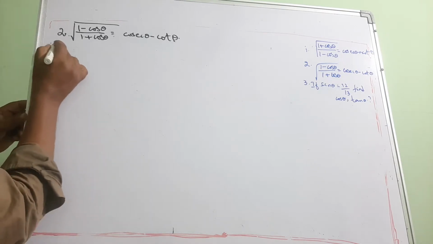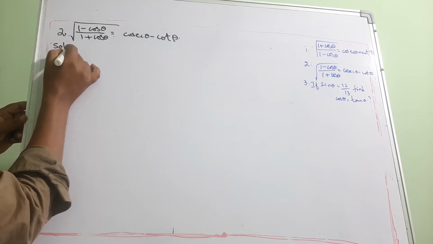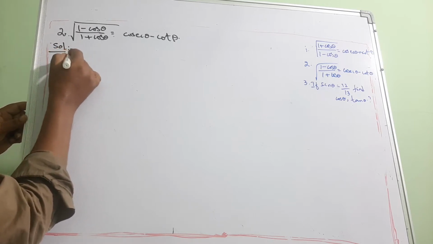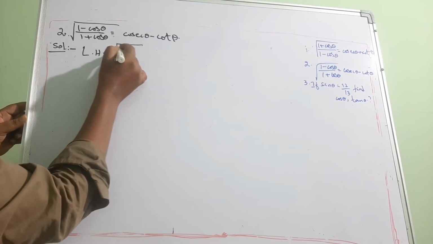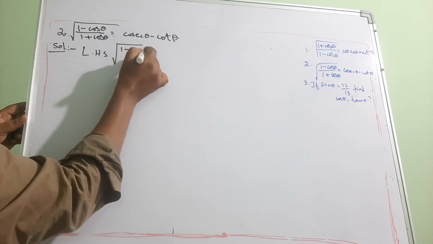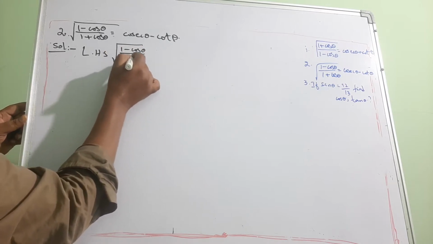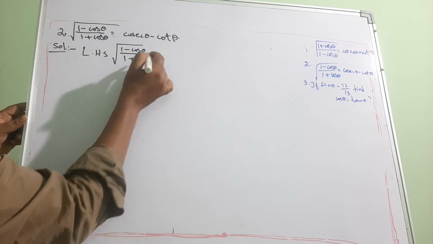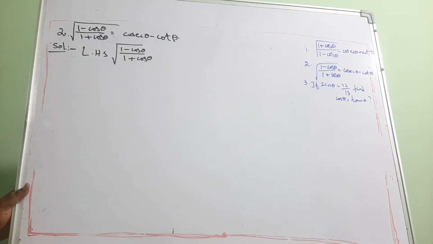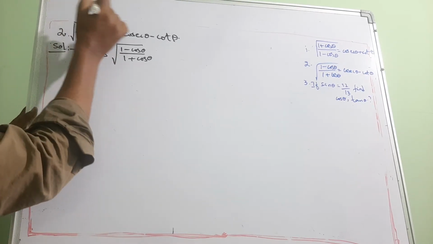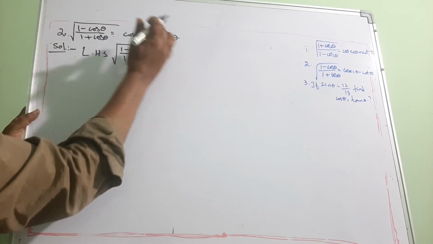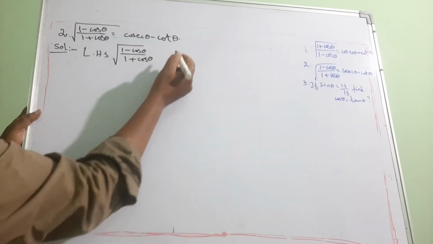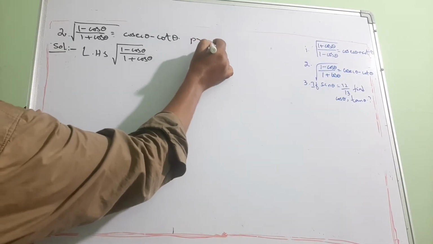We should take the LHS first: under root of 1 minus cos theta divided by 1 plus cos theta. We must take the LHS and prove the RHS. So these are very important problems. You can write "prove that", that is the meaning of prove that.